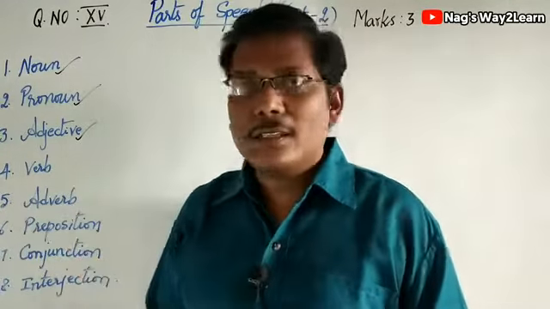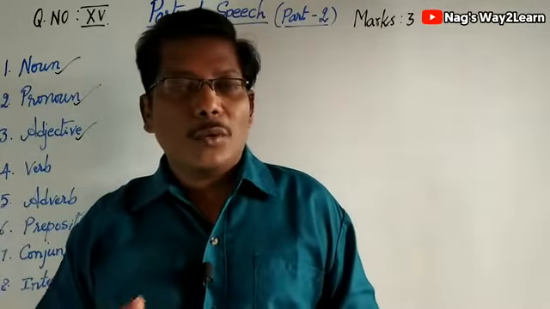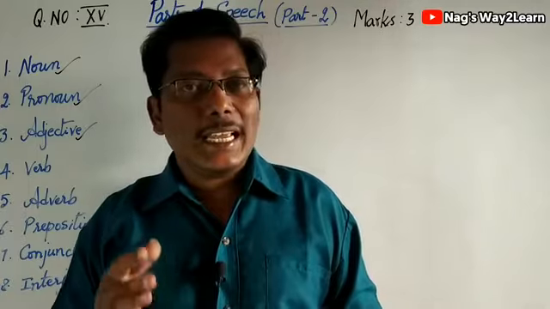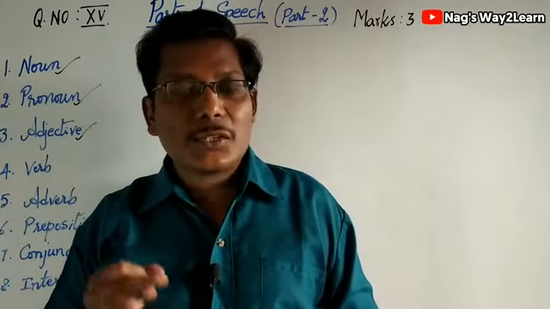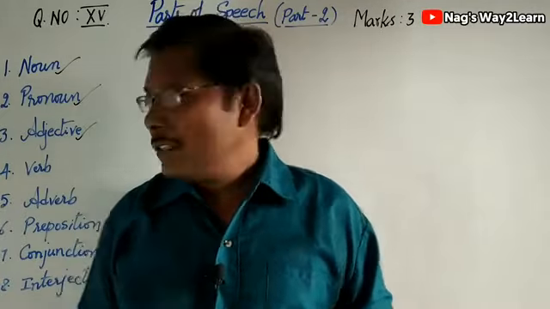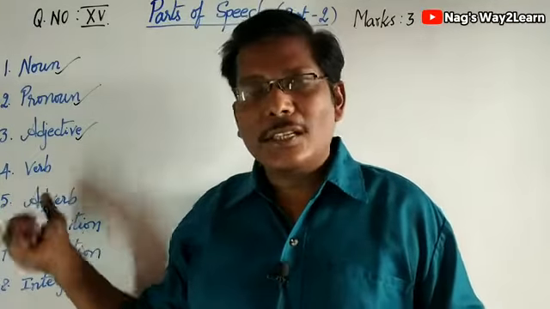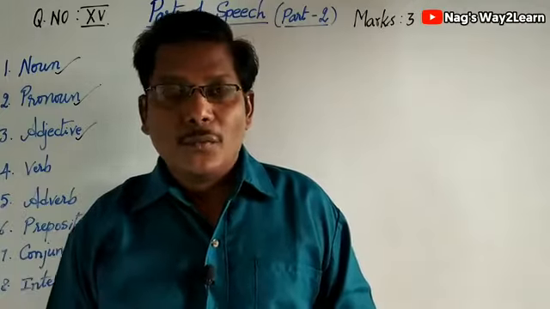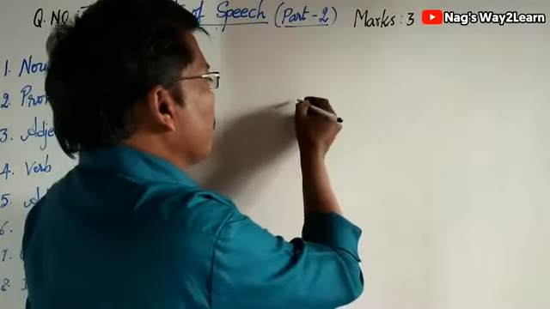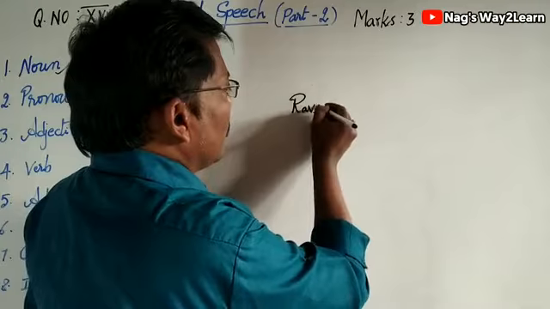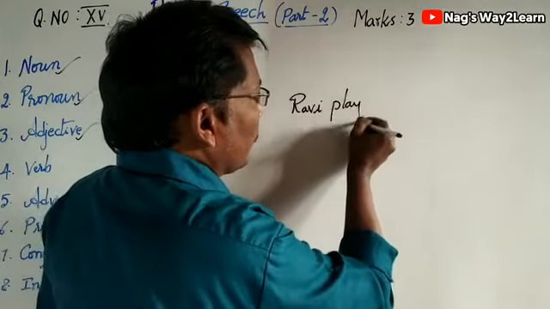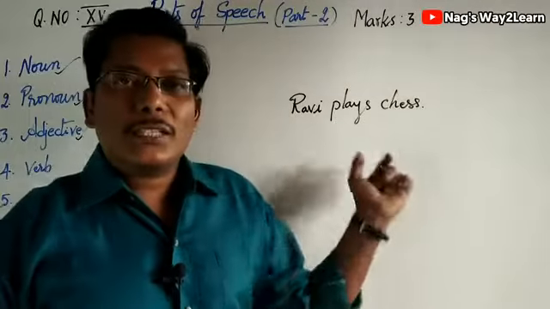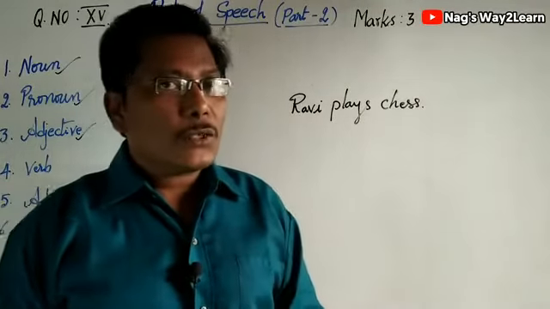The fourth one is verb. So what is verb? The word verb indicates an action or the existence of something. For example, look at this sentence: Ravi plays chess.